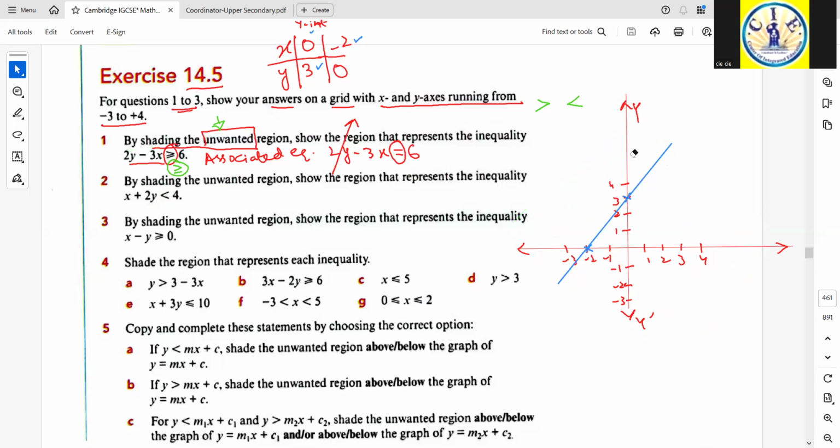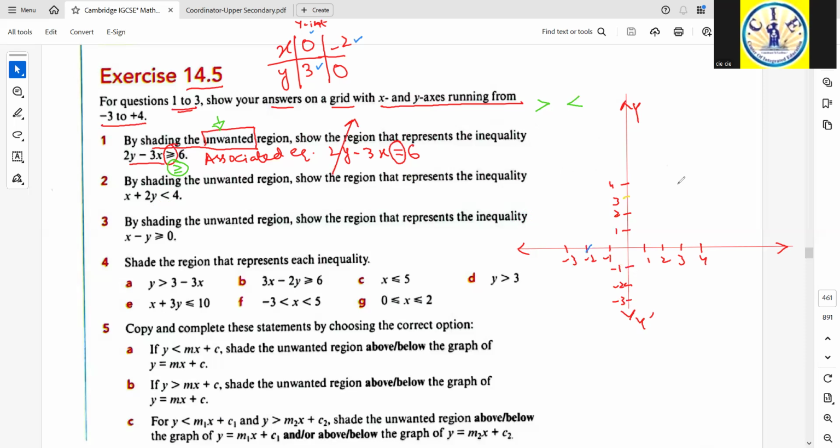Okay. As far as the points are concerned, let me just jot them down once again, and that's it. Okay, here would be 3 and so on.